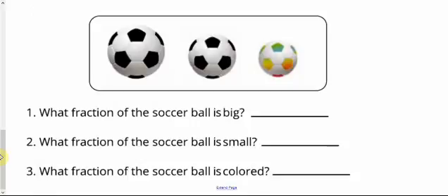What fraction of soccer balls is big? I have 1 big in here, so it's 1 out of 3. And what about the fraction of the small? I have 1 small too, so it's 1 out of 3.